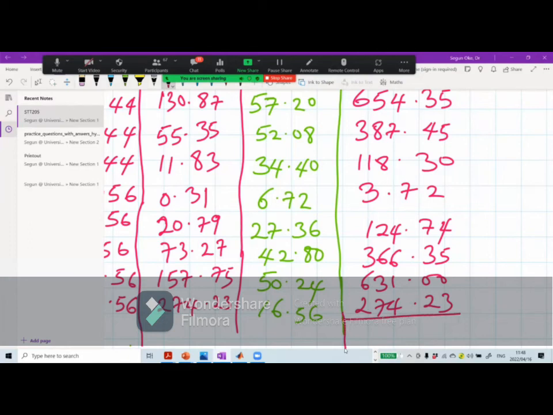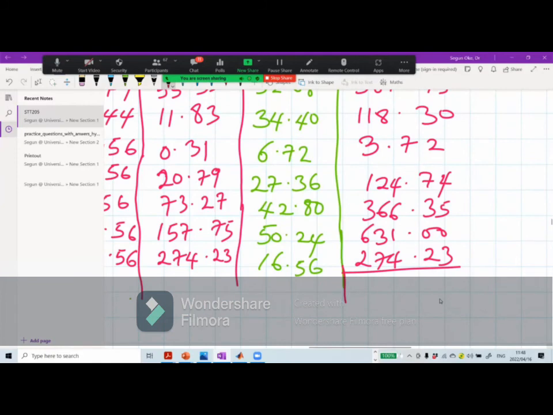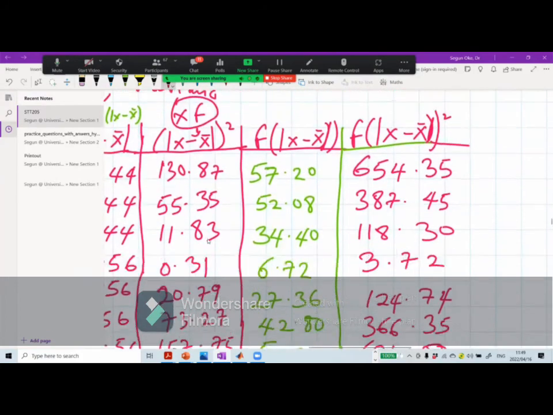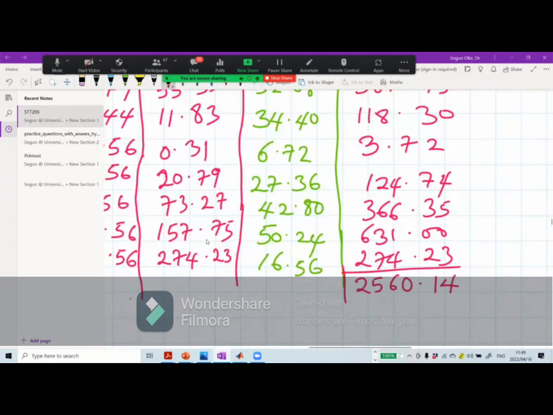The total is 2560.14. Take it easy, better copy fast. So I need summation for F multiplied by the brackets too.